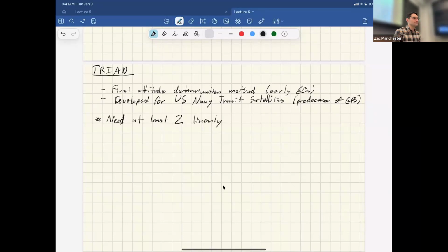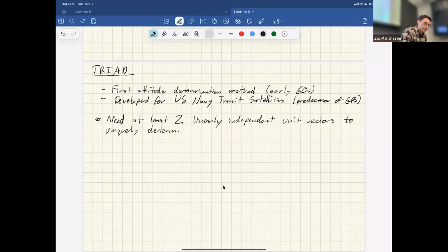TRIAD basically takes that minimum of two and does some linear algebra to back out the rotation matrix. And yeah, they must be linearly independent, obviously, because if they're parallel, this doesn't help. So they have to not be parallel.